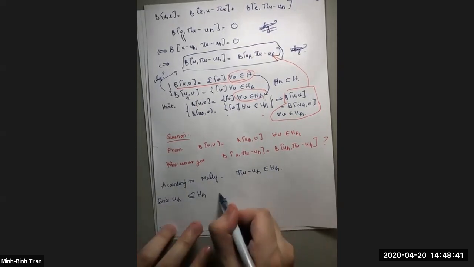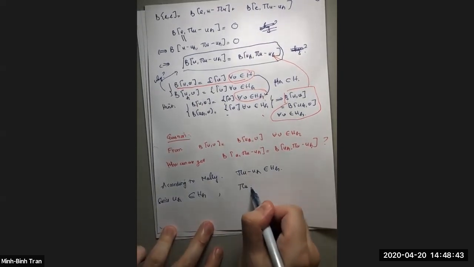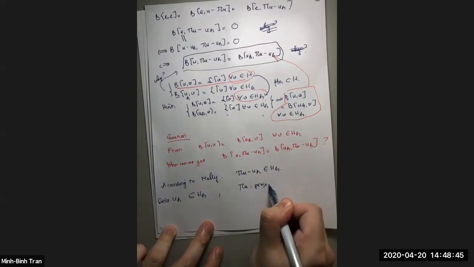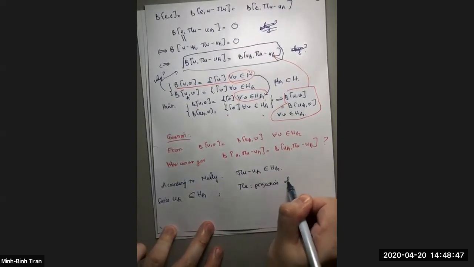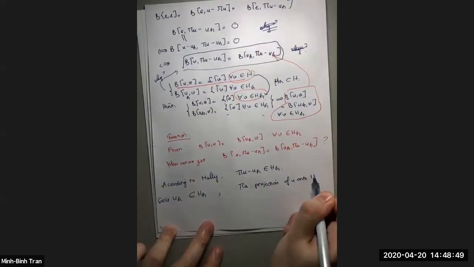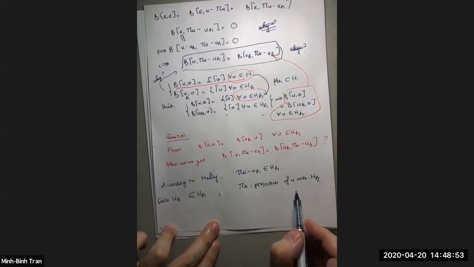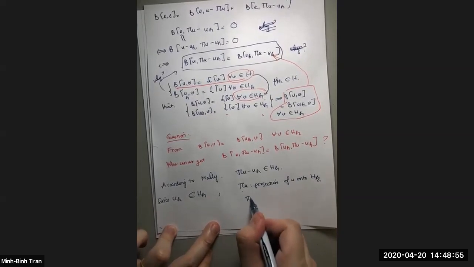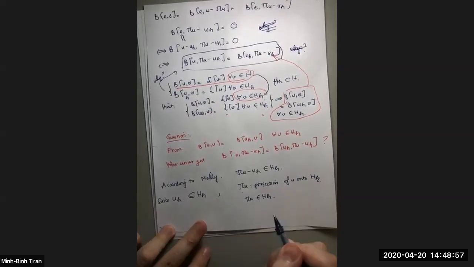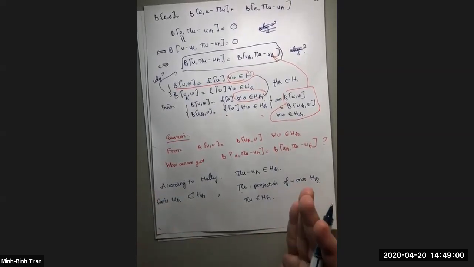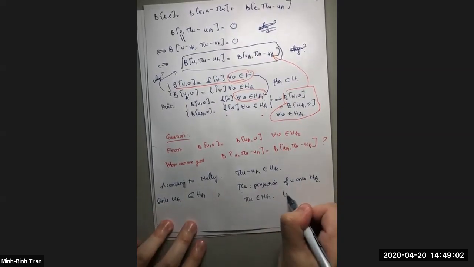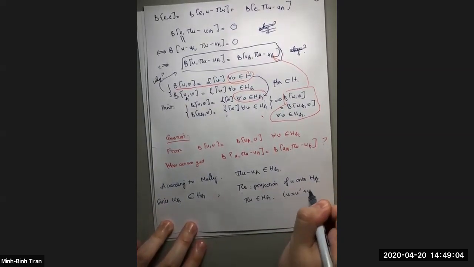And then because pi u is the projection of u onto H_h, pi u belongs to H_h, right?